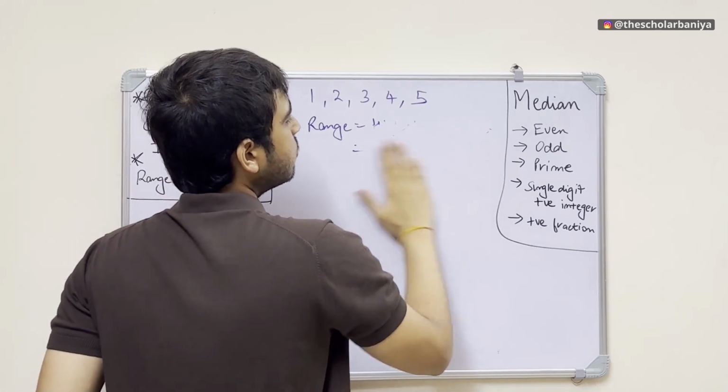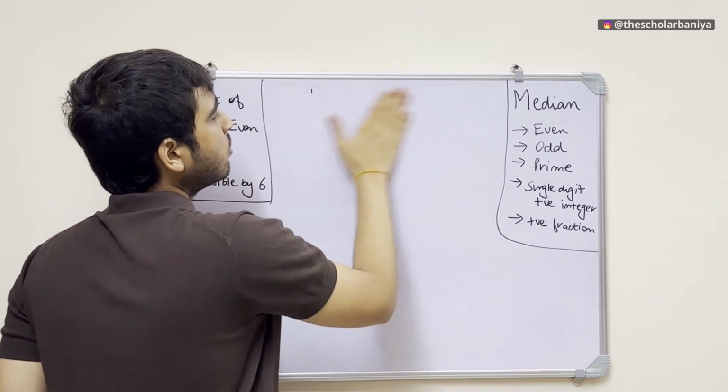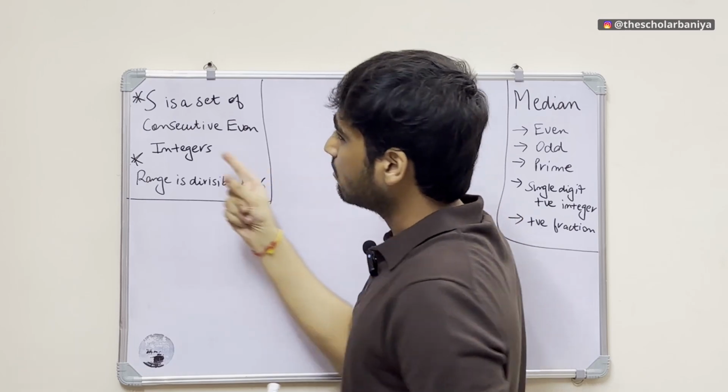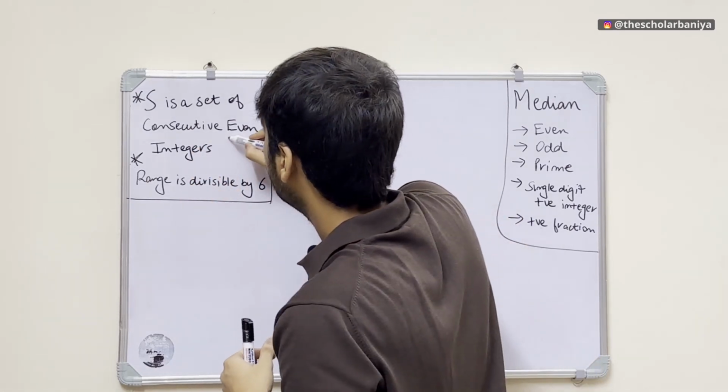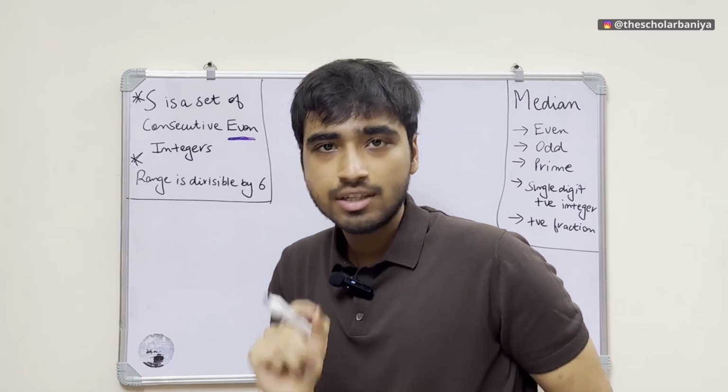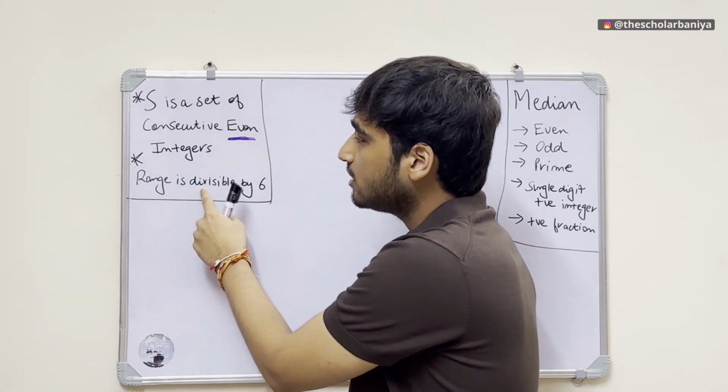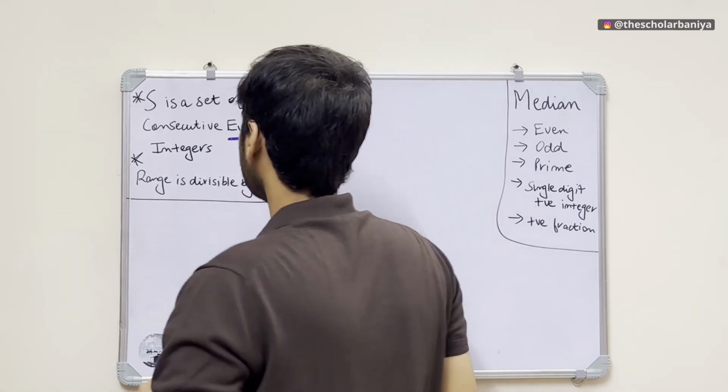Okay, so now let's move on to the question. It's given that S is a set of consecutive even integers, and the range is divisible by 6.